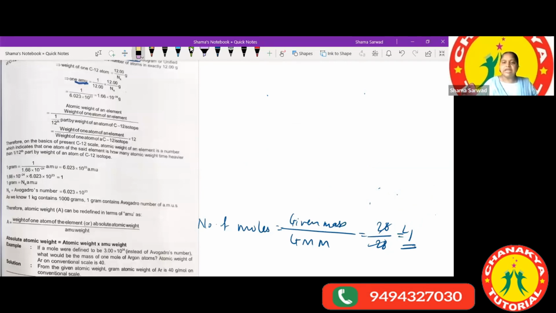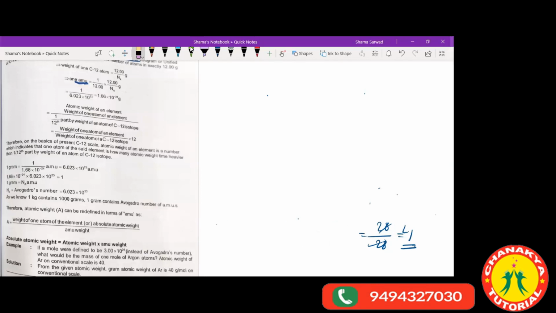I hope all of you are able to calculate the molecular mass if atomic masses are given. Yes or no?